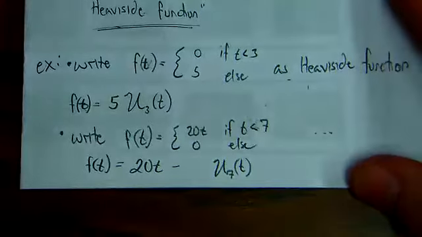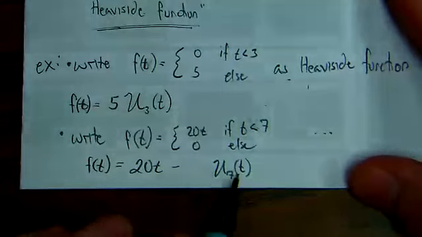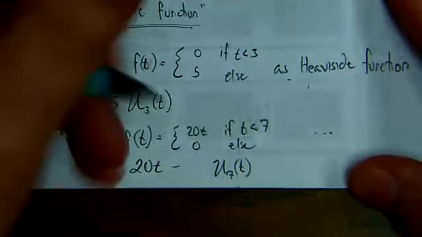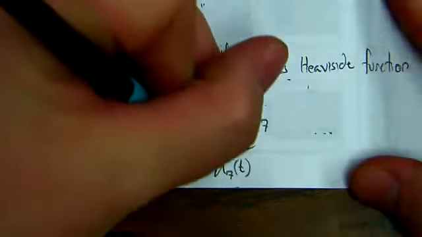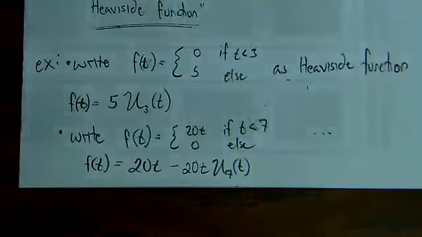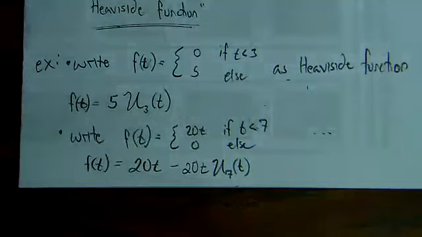The Heaviside function switches on at 7, so I need something that, when the Heaviside is 1, is going to 0 out the 20t. The easiest way to get rid of a 20t is to subtract 20t. And so here we have this piecewise function written as some combination of the Heaviside function.